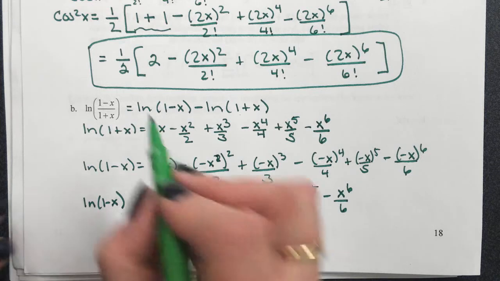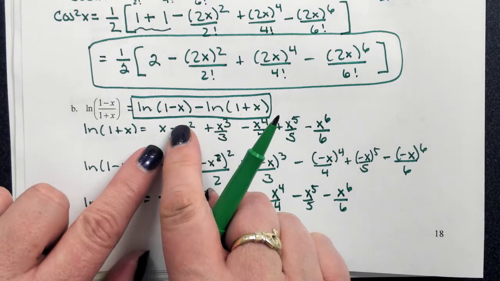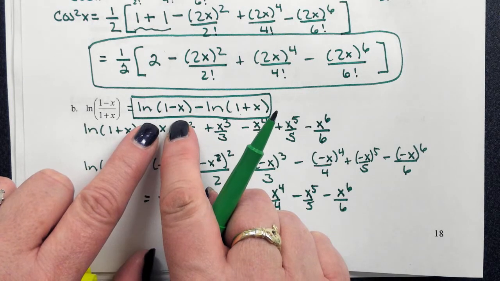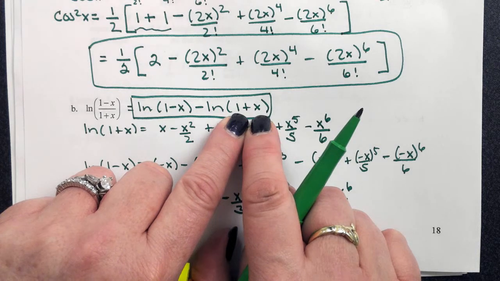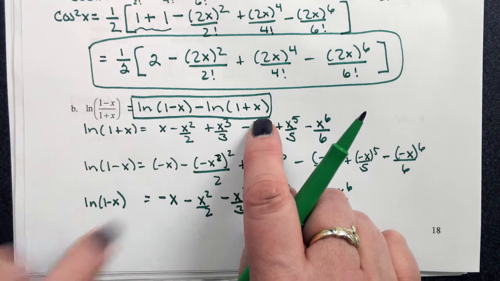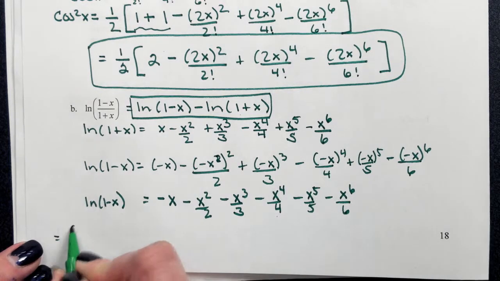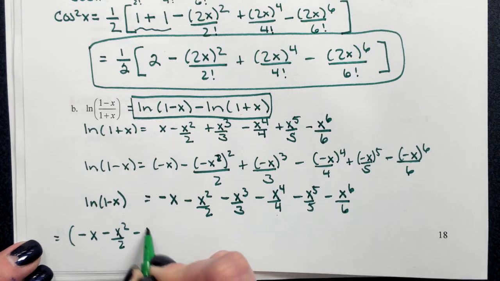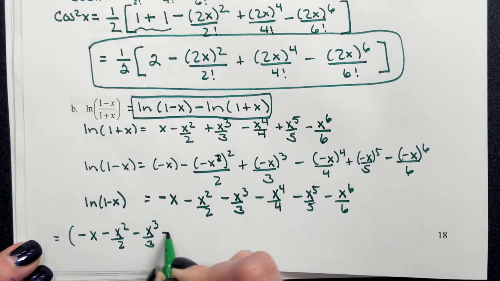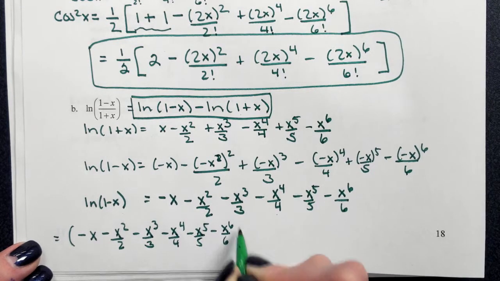So now remember what I want to do, using my properties of logarithms. I want to take the Maclaurin series that I generated for the natural log of 1 minus x and subtract it from the Maclaurin series for the natural log of 1 plus x. Watch your order here. So again, the natural log of 1 minus x is negative x minus x squared over 2 minus x to the third over 3 minus x to the fourth over 4 minus x to the fifth over 5 minus x to the sixth over 6.